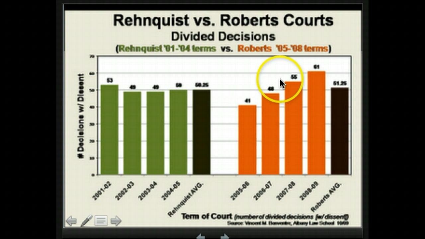And then this is the Roberts court. You can see that on average the Rehnquist court had about a 50% average dissent, and that the Roberts court was much more contentious, especially in 2008.